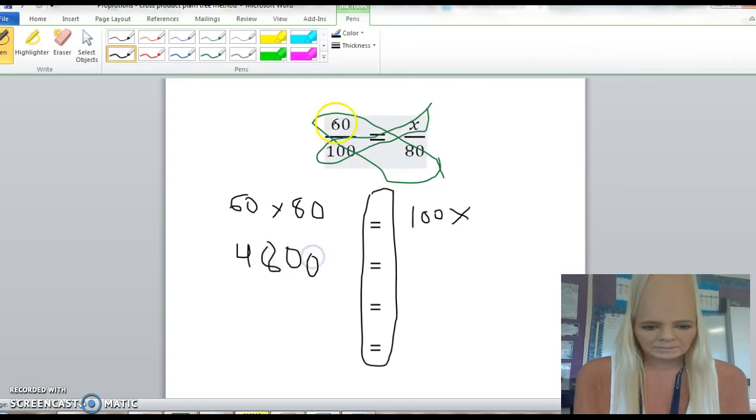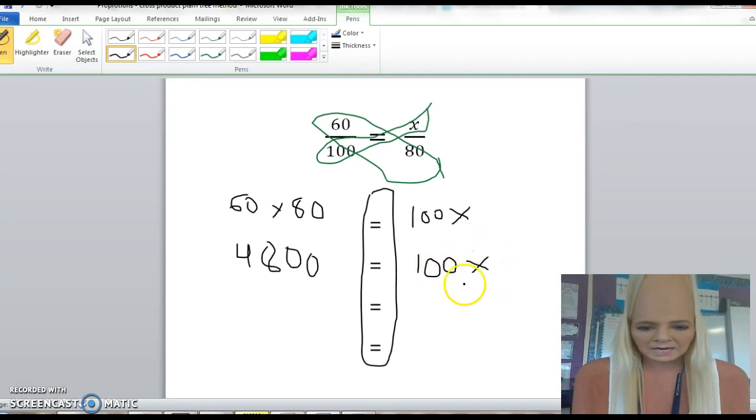Again, I got that because I'm multiplying diagonally. 60 times 80, which is 4,800. On this side of the equal sign, the other side, is 100 times x, which is just 100x. Now, going back to solving equations, in order to solve for x, we need to use the inverse. 100 is being multiplied by x.